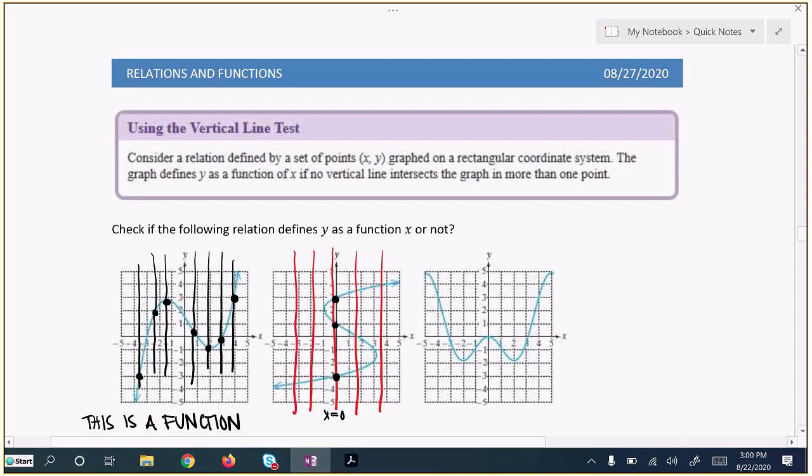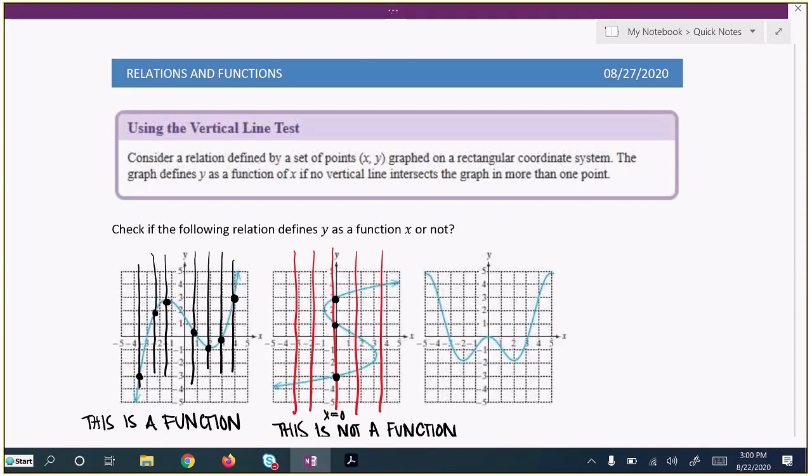Then when x equals 0, for this relation, I have y equals -3, I have y equals 1, and I have y equals 3. So this is clearly not a function, because it fails the vertical line test, and therefore there are x values in the domain that have more than one y value in the range.